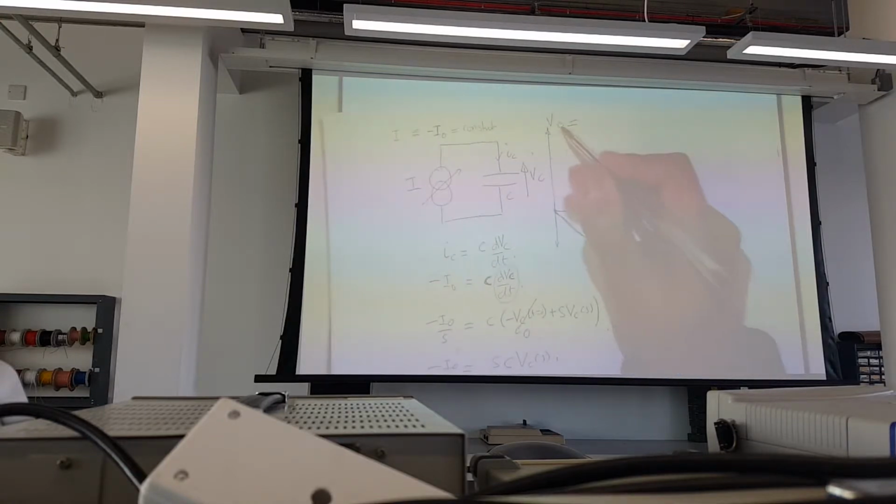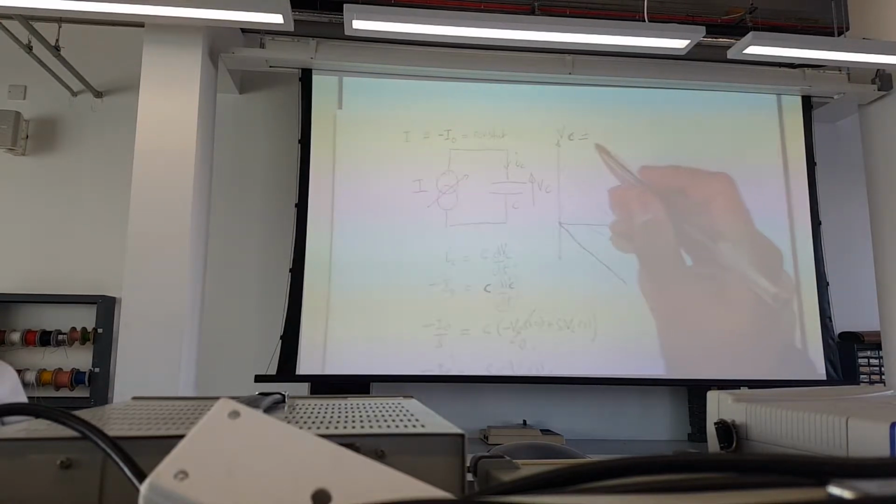And so you can write here that Vc is minus I naught over C times t, and that is this graph here. That's that plot. Are we all happy with that?